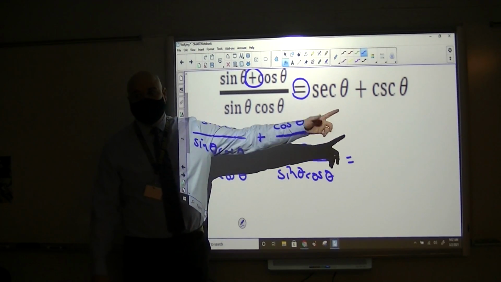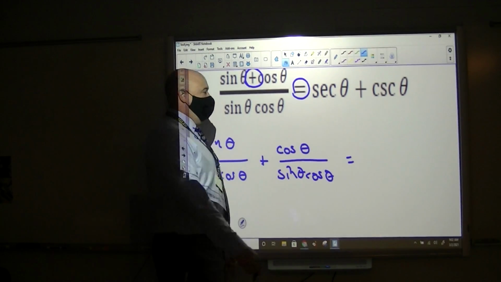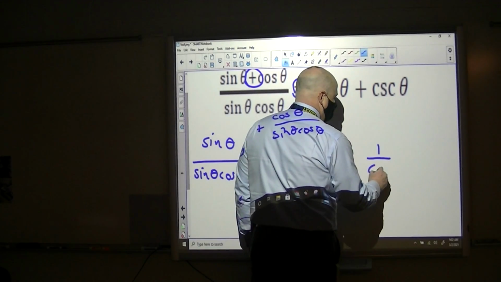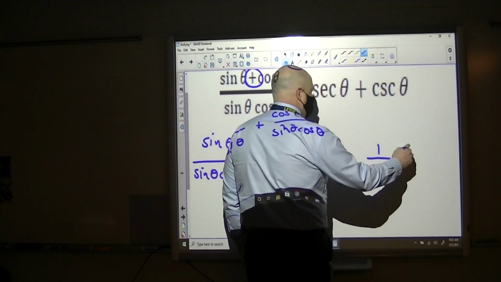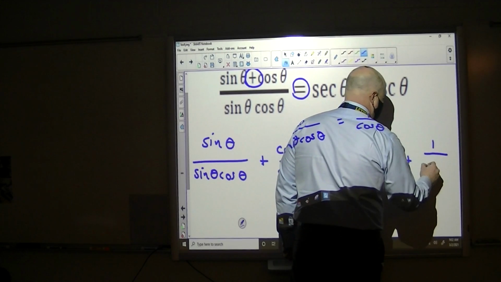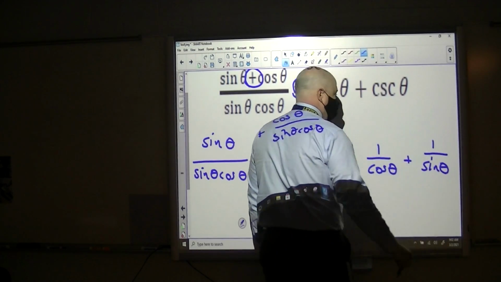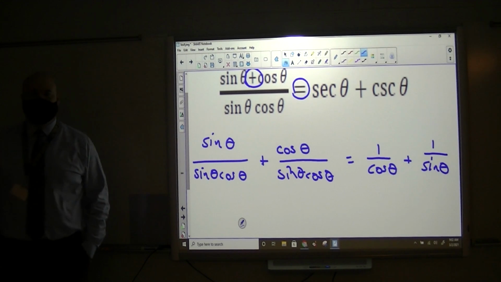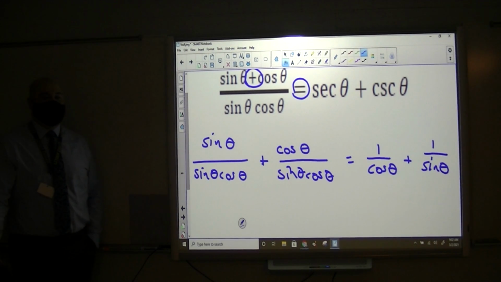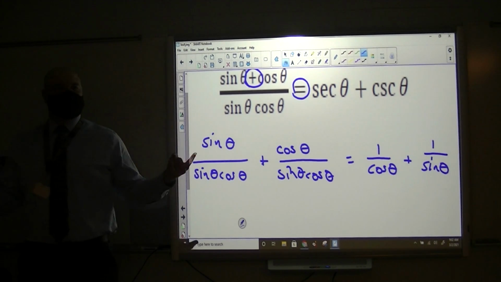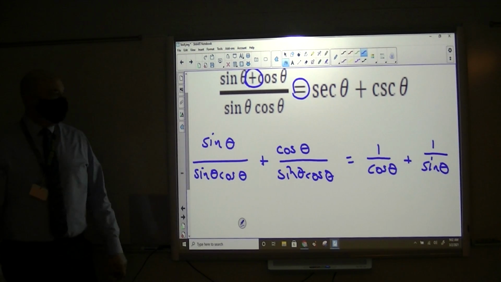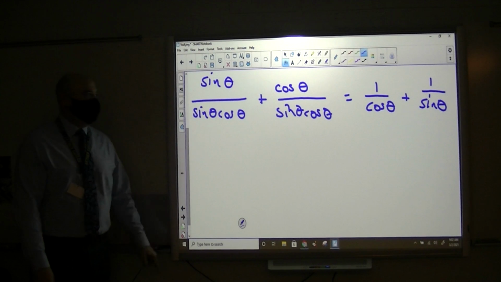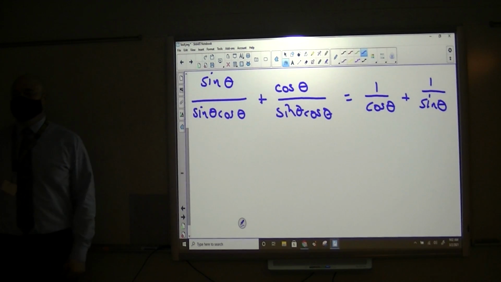But I could if I write secant as 1 over cosine, and if I write cosecant as 1 over sine. Now everything's in terms of sine and cosine. I've got the 2 terms on the left and the 2 terms on the right. And after we use those tools, we simplify.